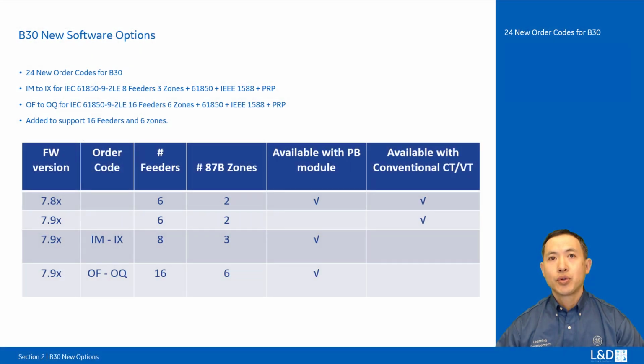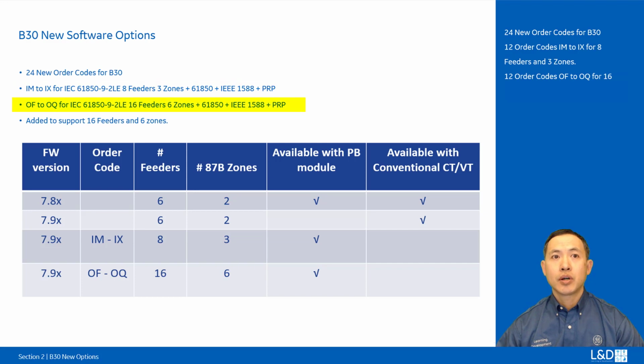There are 24 new order codes added for the UR B30. IM to IX for the IEC 61850-9-2LE, 8 feeders, 3 zones, plus IEC 61850 and IEEE 1588 and PRP.